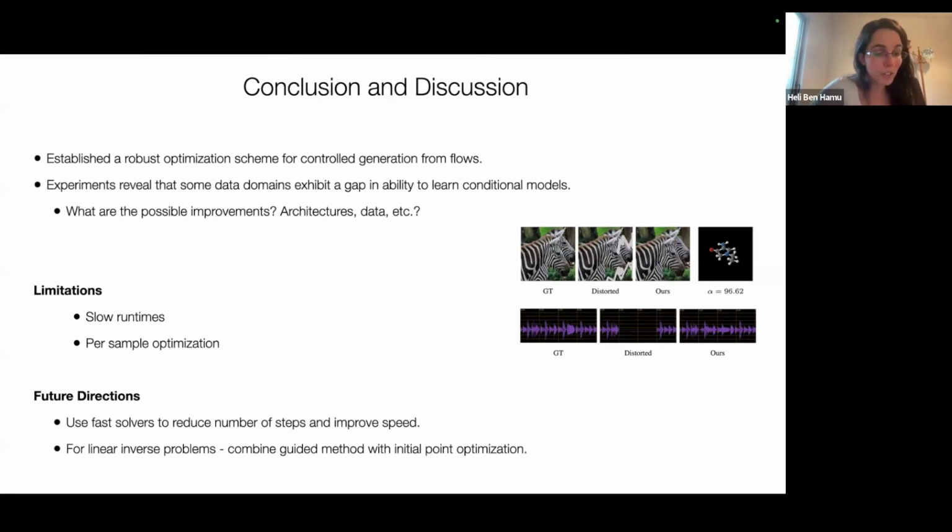And for the linear inverse problems, we could think of combining these guided flows approaches and maybe improve them by also adding an initial point optimization. So we would use the guided flow, which is going to put us in a kind of good place already, and then only take a few optimization steps to tune what we get. And this would not be very costly in terms of runtime and might be state of the art, which is also interesting to look into.